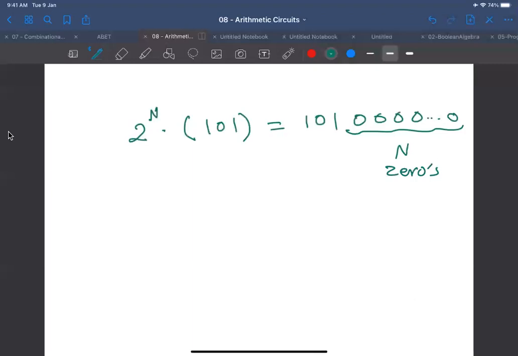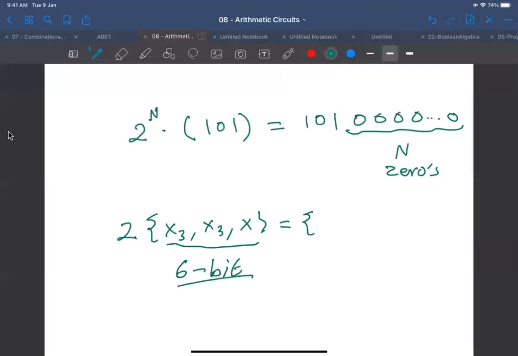So we have 2 times x3, x3, x. So this will be equal to what? This is the result here. It must be 6 bits, by the way, so we cannot exceed 6 bits in this case.